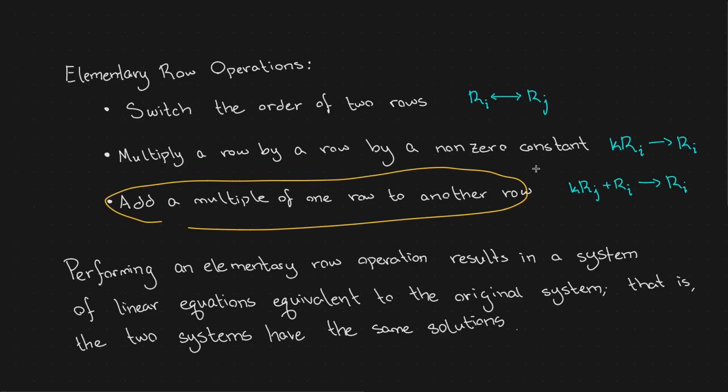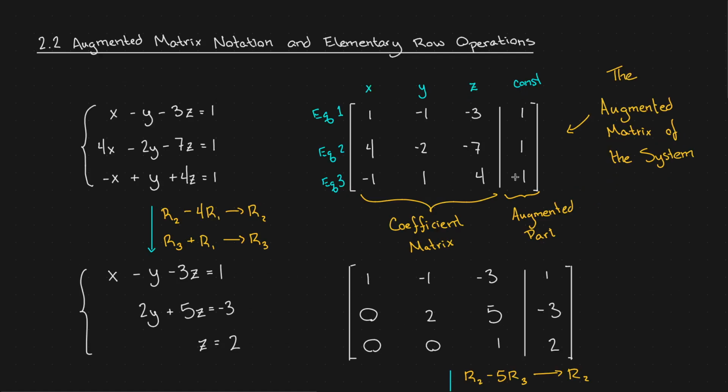And add a multiple of one row to another row. This one's the trickiest one. If I add a multiple of one row to another row, like I did here, R2 minus 4 times R1, R3 plus 1 times R1. Because I am adding an equation, say R3 plus R1, I'm adding the left side of equation 1 to equation 3, and the right side of equation 1 to the right side of equation 3.